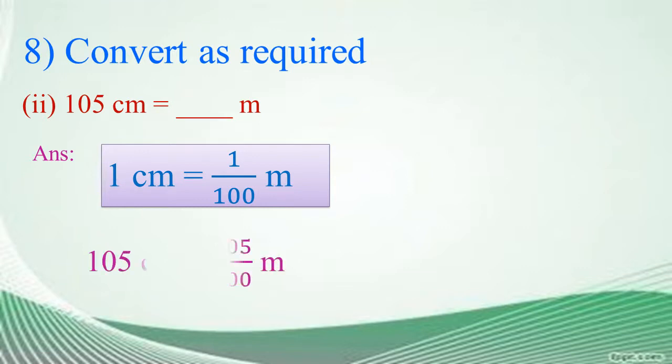Similarly, 105 centimeter equal to 105 divided by 100 meter. So here the denominator has two zeros. So we write the numerator and put the decimal point counting 2 digits from the right. So we get 1.05 meter.